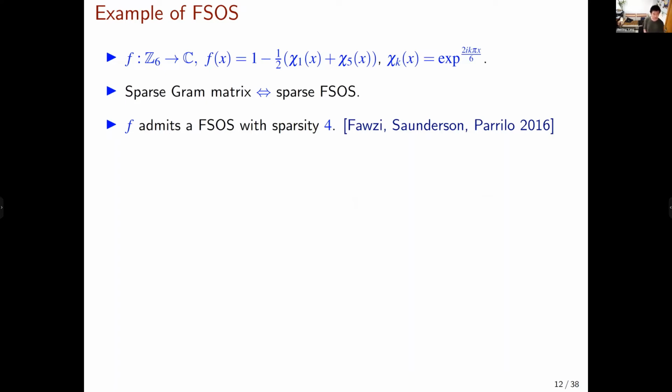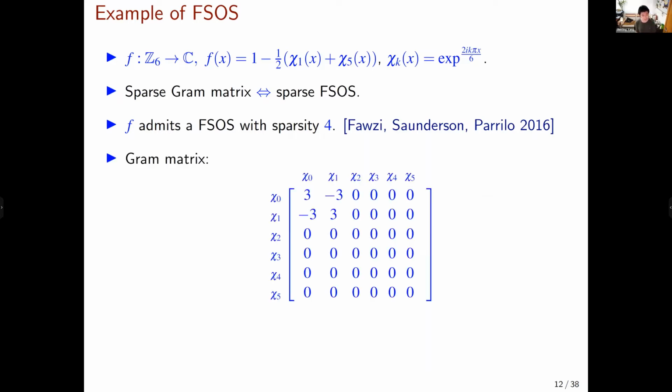By graph theory, we know that f admits a Fourier sum of squares with sparsity 4. But this function f has a sparser Gram matrix, which just consists of characters chi 0 and chi 1, and it corresponds to a sparser Fourier sum of squares whose sparsity is 2.